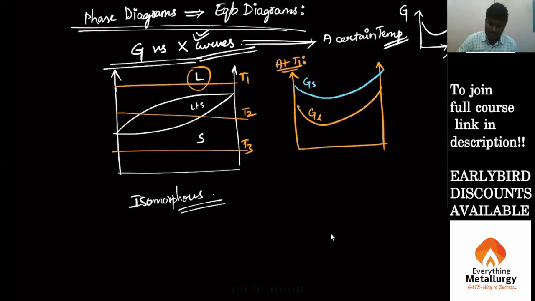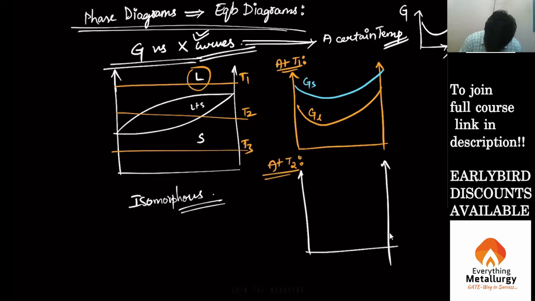Don't worry if this is not clear. In our course we are going to discuss in detail the derivations of all these and how we arrived at this. Now at the other temperature, T2, this is interesting, because here we have two different phases. I'm using orange for liquid and green or blue for solid, so that we can observe the differences clearly.